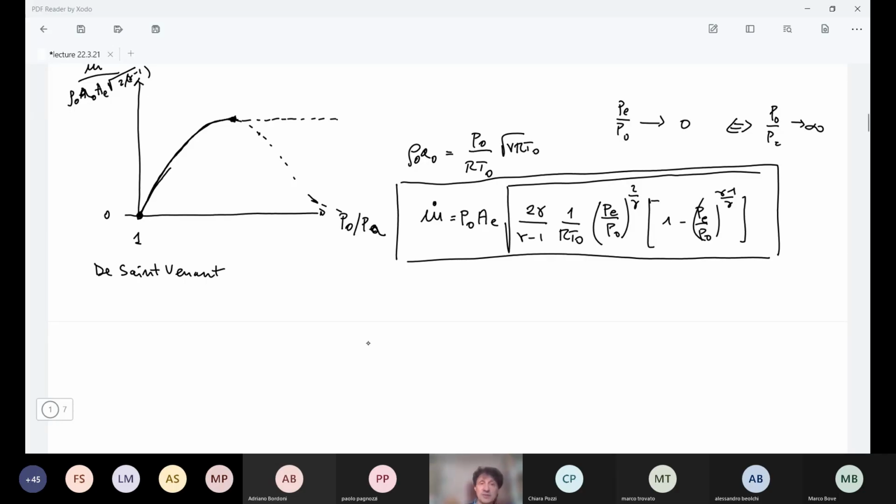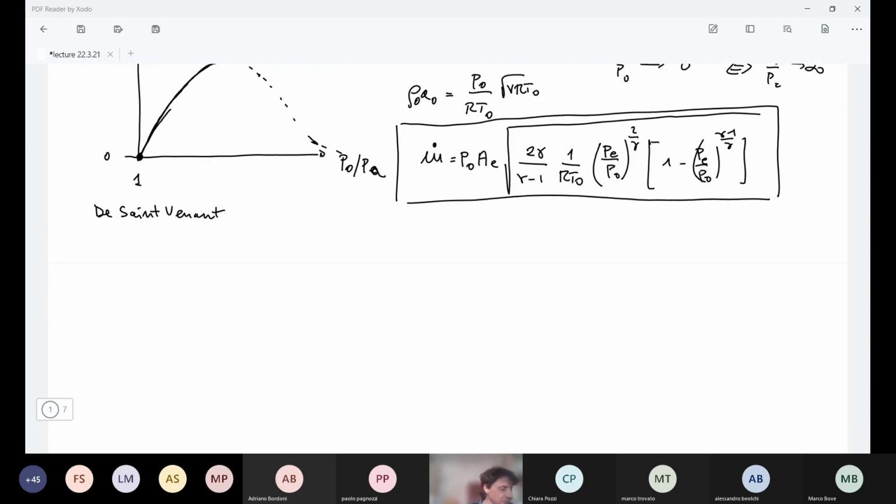It's interesting to identify which are the conditions for this maximum, which are the choking conditions, of course, and we can identify this by just finding this maximum through the derivative of the terms which depend on pressure.